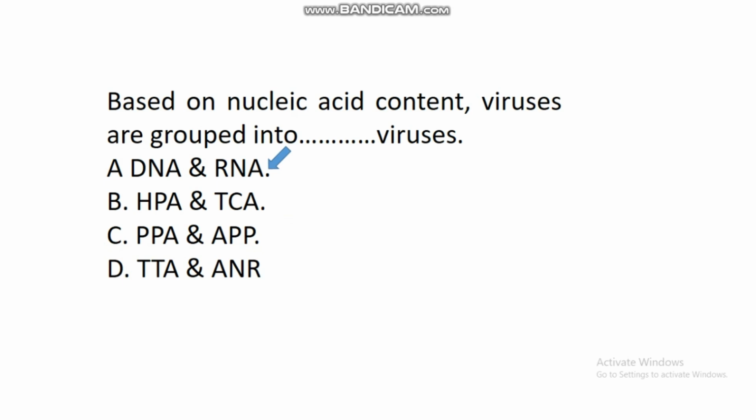According to virologists, this is one of the criteria for classifying viruses. So we have some viruses that contain DNA as the genetic material. Those viruses that contain DNA as the genetic materials are called DNA viruses. But those ones that have RNA as the genetic material are called RNA viruses.